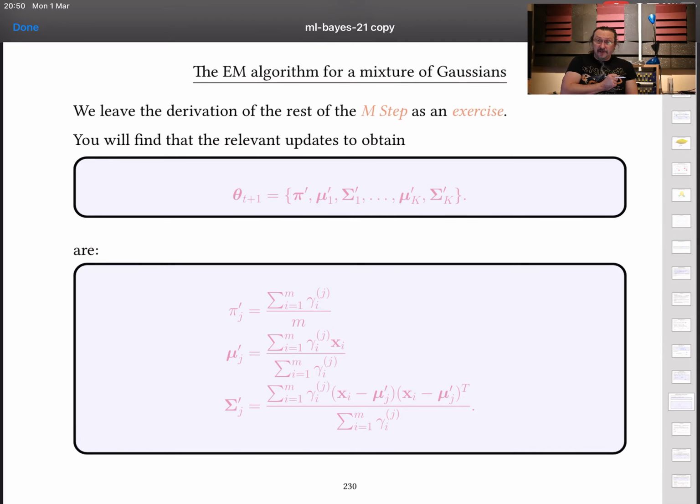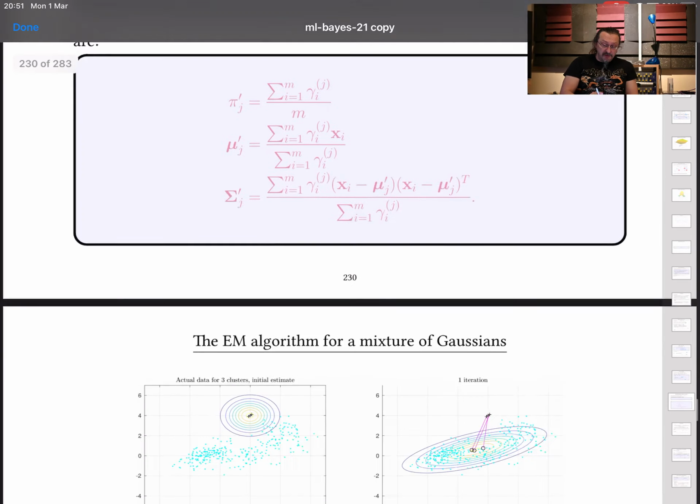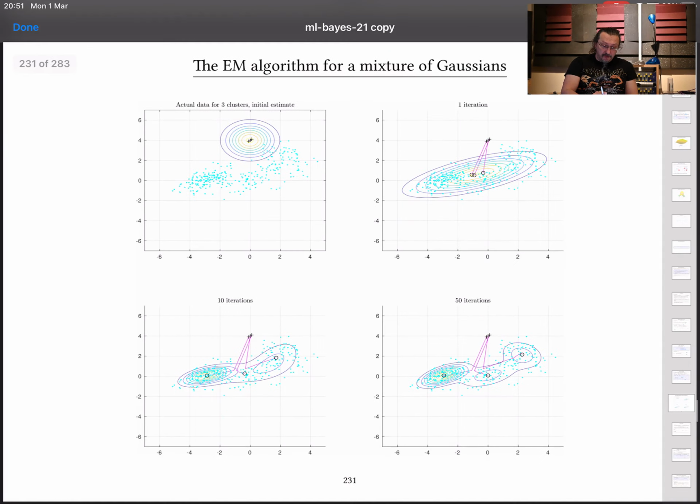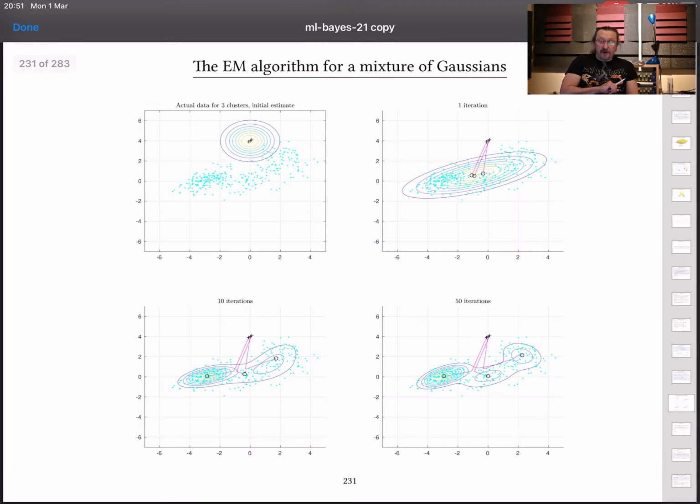So as a final slide for this, before I move on in the next lecture to talking more generally about Bayesian inference, here is just a quick example of what happens if you apply this EM algorithm to the data that I've been using as an example. So the light blue dots here are the data set that I've been using.